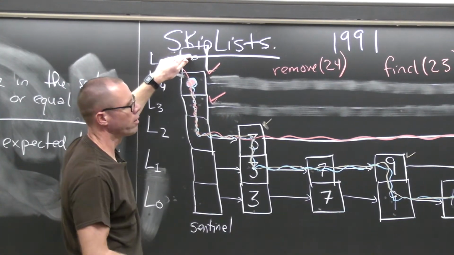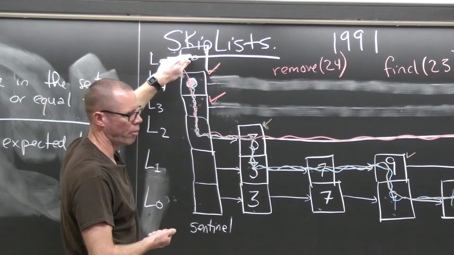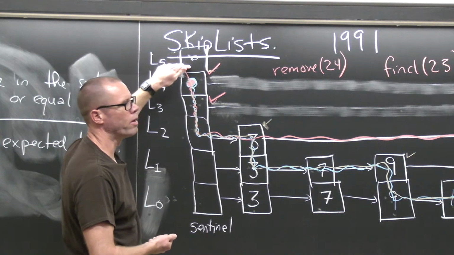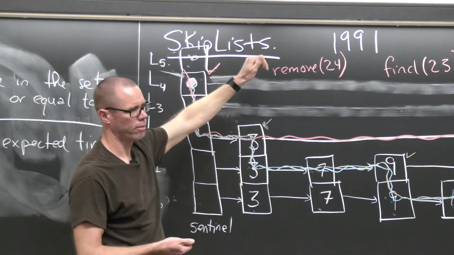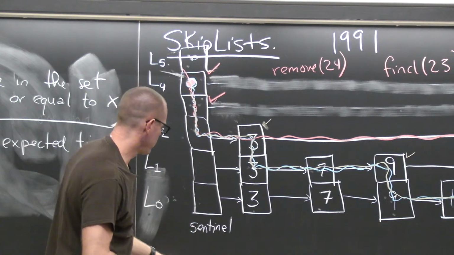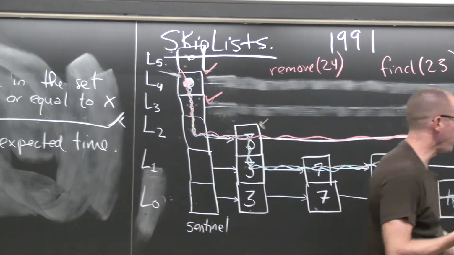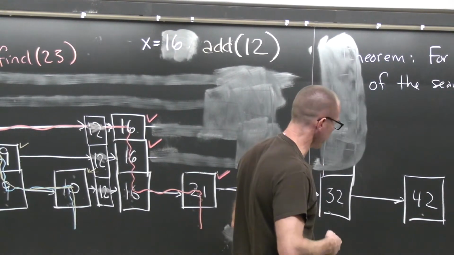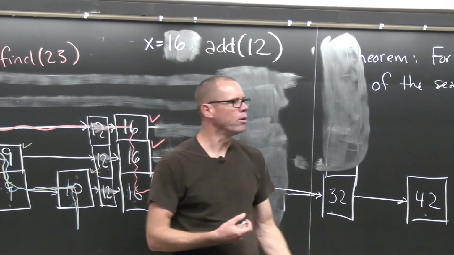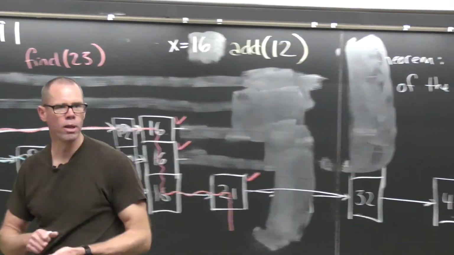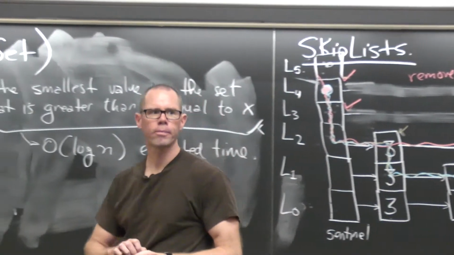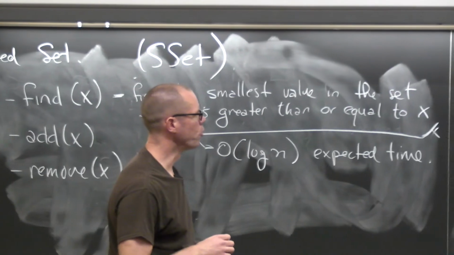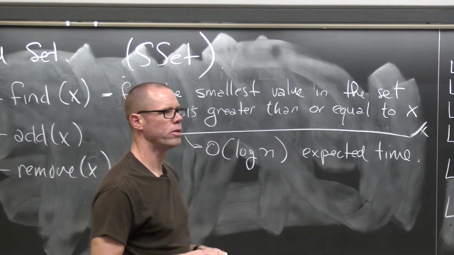So that's bigger than or equal to 24, so I would go down. But it's not equal to 24, so I wouldn't cut the link to it. Okay. So when you look to the right, you'll always go down if the thing is bigger than or equal to what you're looking for. And if it happens to be equal to, then it's time to splice it out of the list. Okay. Super simple. This is just a few lines of code to implement.